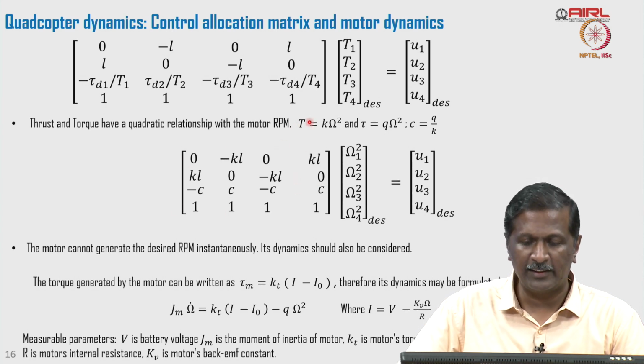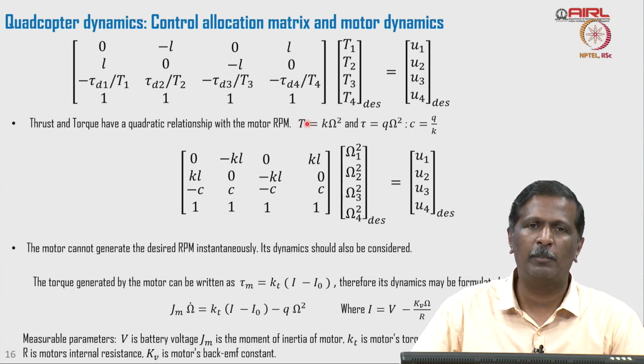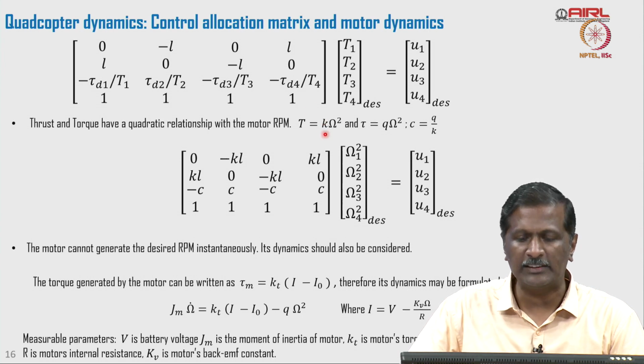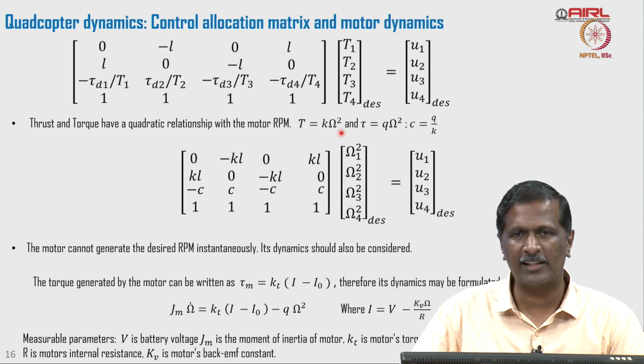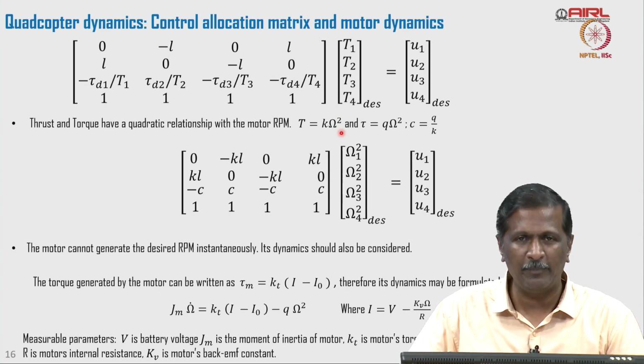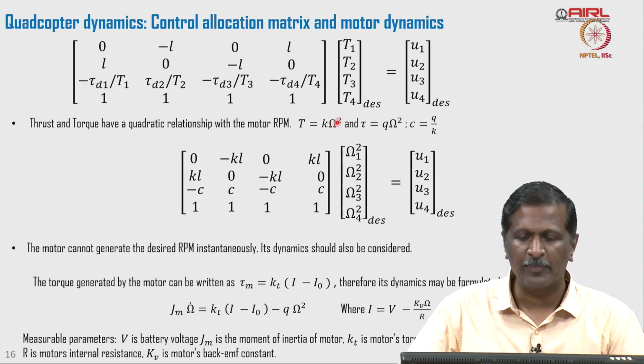If you look at the thrust produced by the motor, it is a constant K times omega square. I put capital omega here because I am talking about RPM. The torque is again proportional to a constant and omega square. So, I put omega 1 square, omega 2 square, omega 3 square and omega 4 square.